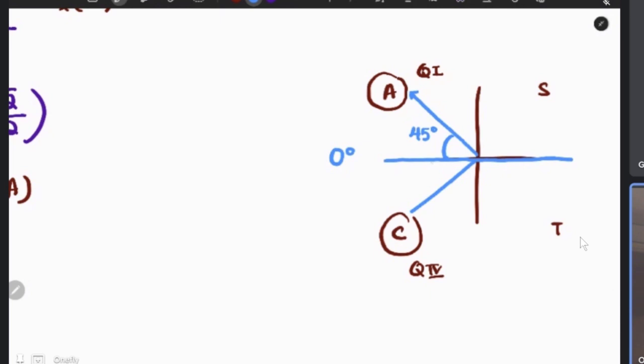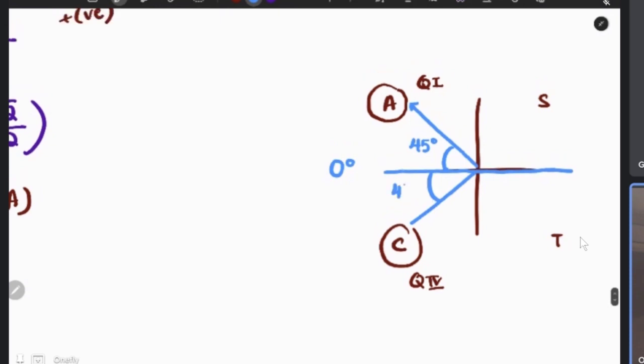And again, this must be adjacent to the horizontal axis. 45 degrees here. But the true angle is again going to start from the 0 degree line, move clockwise, and stop at the principal angle line. This is the true angle.